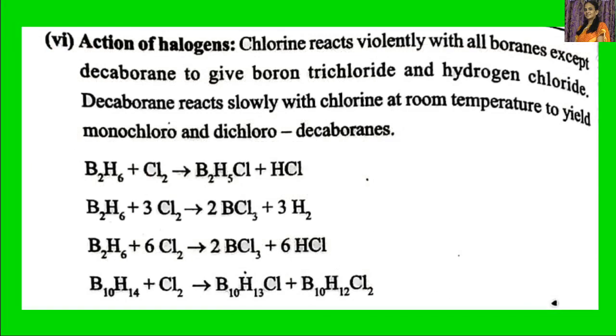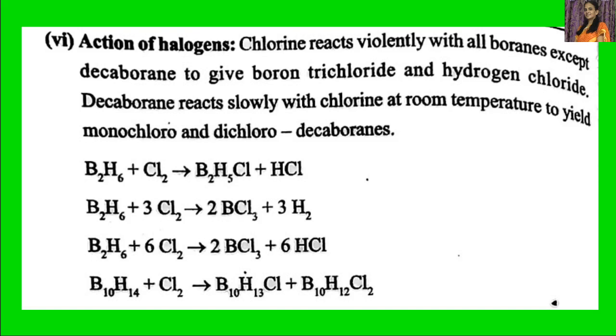Next one, action of halogens. Chlorine generally reacts violently with all boranes except decaborane to give boron trichloride and hydrogen chloride. Decaborane reacts slowly with chlorine at room temperature to yield monochloro and dichlorodecaboranes.